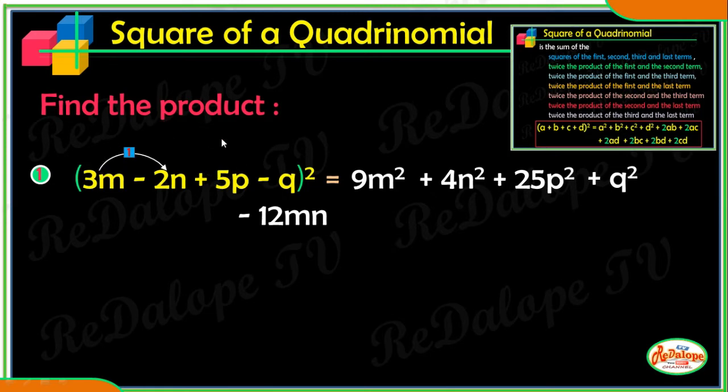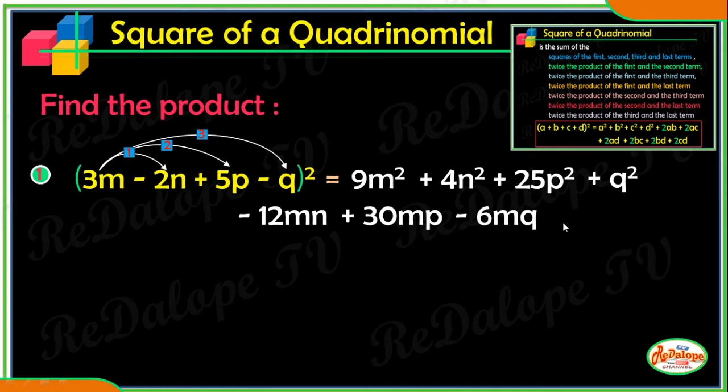So we have 3m times 5p, so that is 15mp times 2, so that is positive 30mp. And then for the seventh term, we have the first term times the last term, so we have 3m times negative q, so that is negative 3mq times 2, so that is negative 6mq.